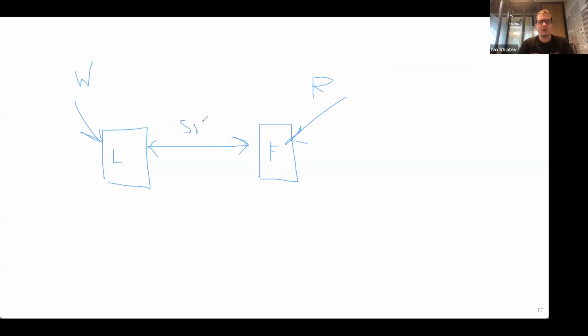or the reads might go also to the leader, but the follower, or the replica, might be standing by just in case the leader fails, so it can take over, and in this way we can achieve high availability.